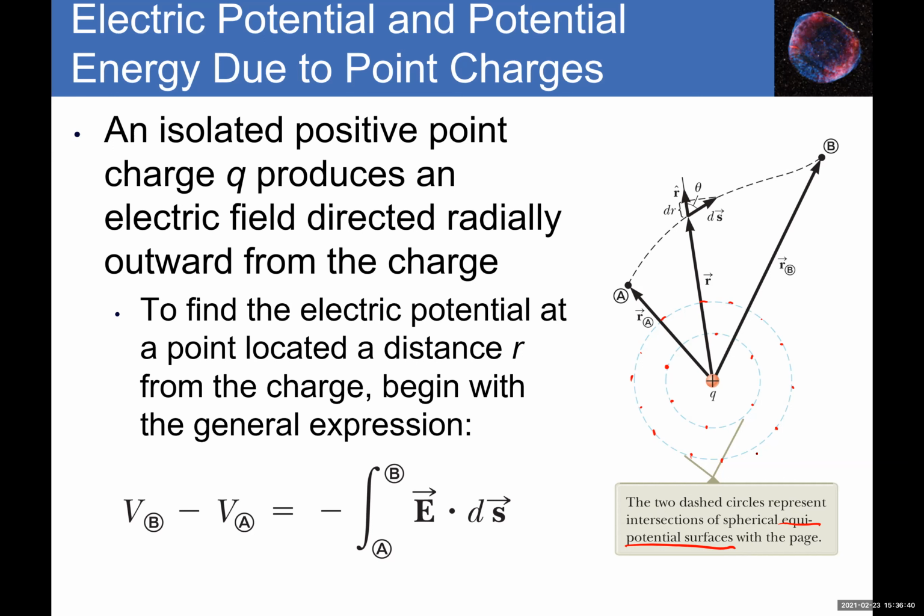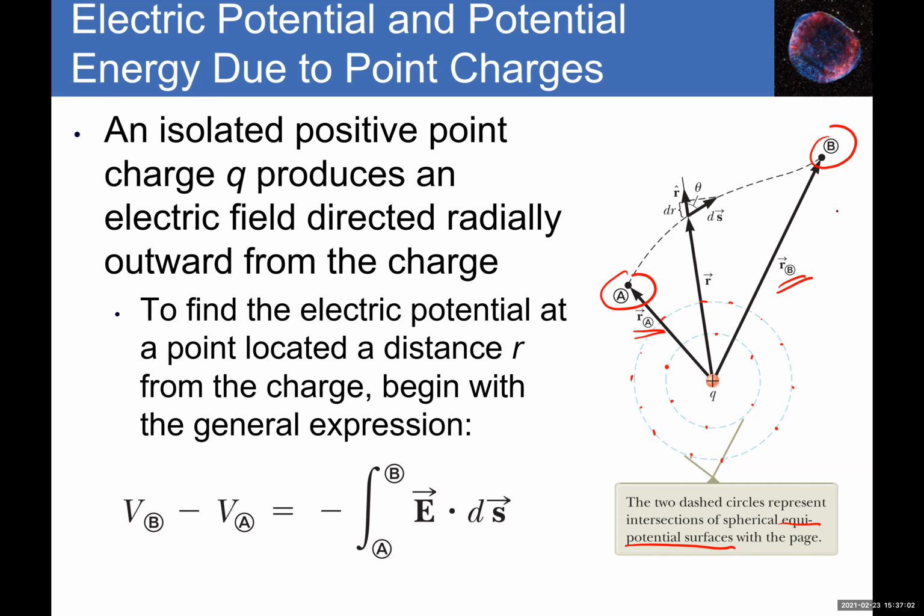Now, if I look at some point A, there's a potential that I can calculate at point A because that point A has a finite distance r_A from the source charge. And then I can look at some point B, which is also a finite distance from the source charge, so there's also a potential over there.